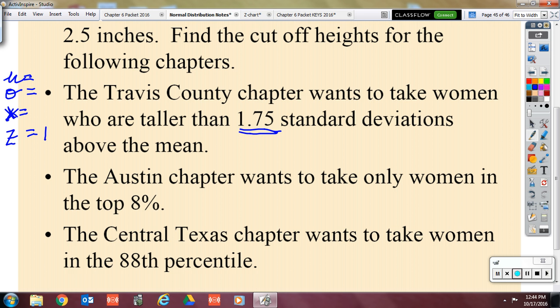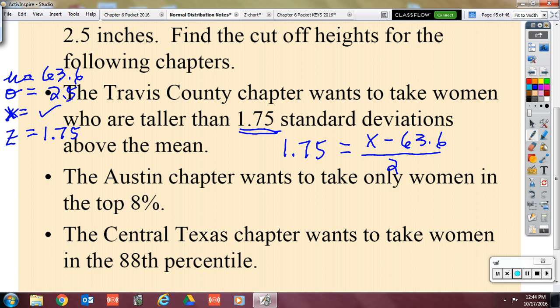So 1.75 is that z-score. And we know our mean and we know our standard deviation. So now we can solve for the unknown height. And we can use our little fancy z-score formula where we say z equals x minus the mean over the standard deviation.